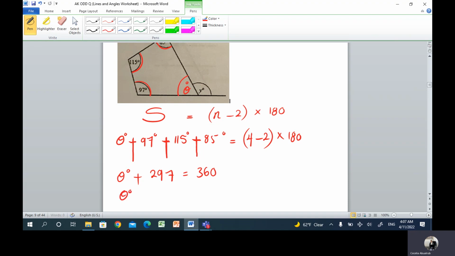Theta is equal to 360 minus 297, so it will be 63 degrees.